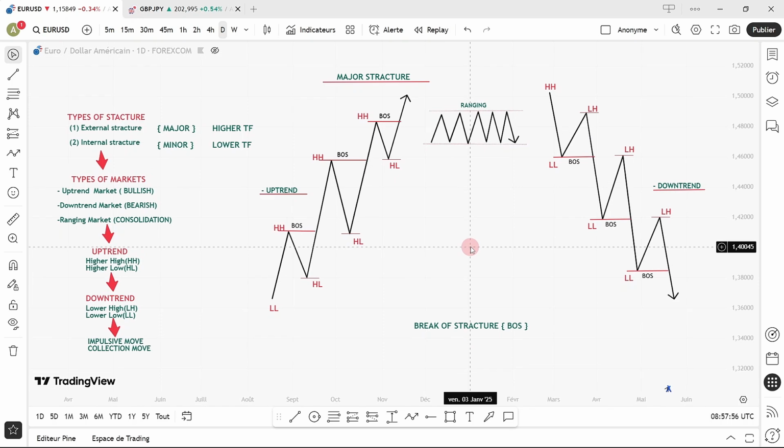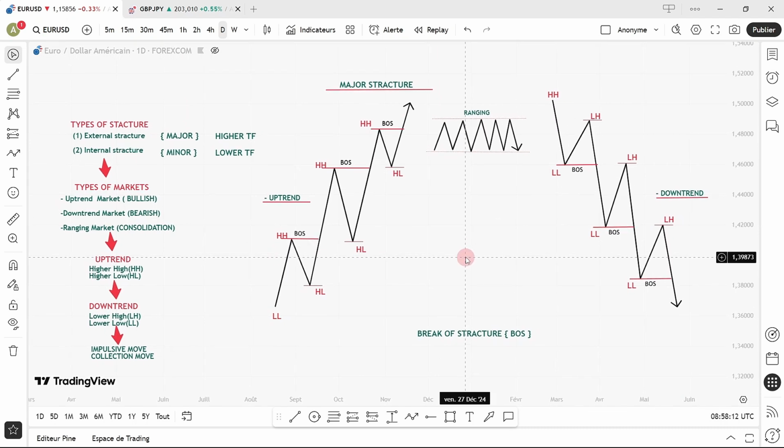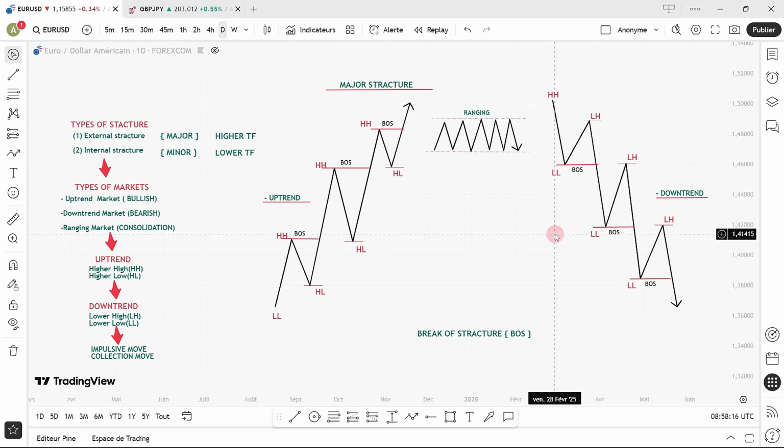You have to make sure you are aligning yourself with the trend. You have to make sure you are not always looking for selling opportunities in an uptrend or a bullish market. And again, you have to make sure you are not looking for buying opportunities in a downtrending market.